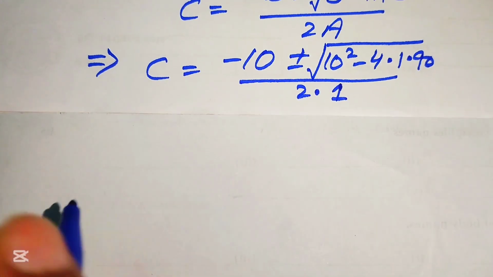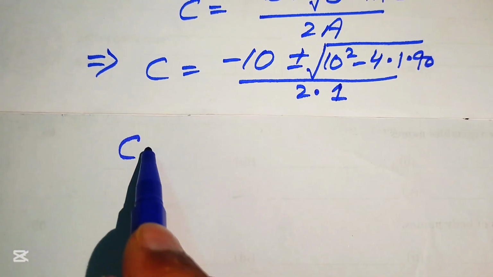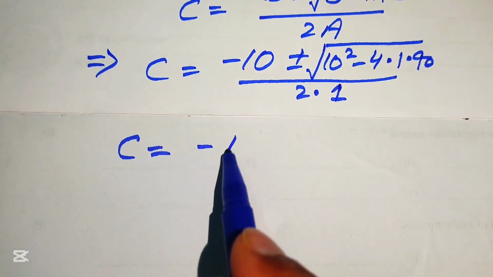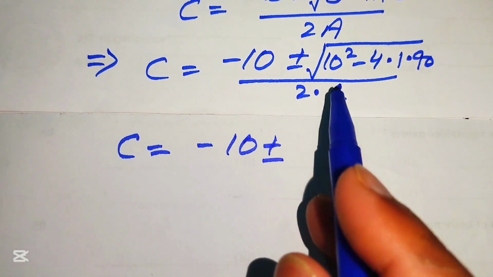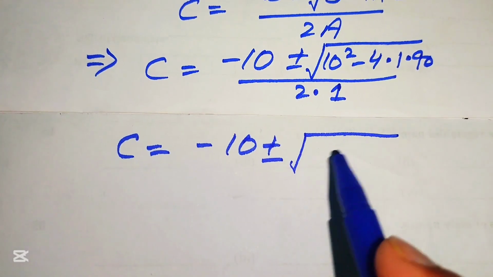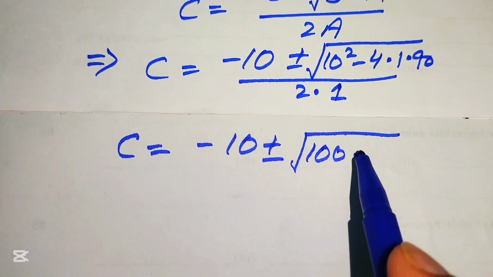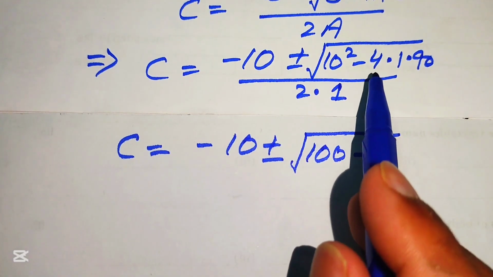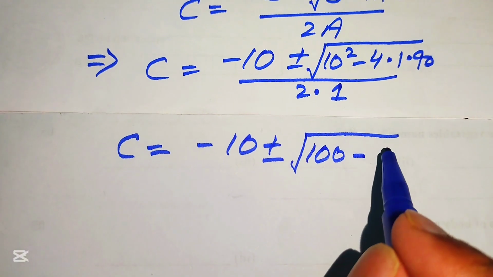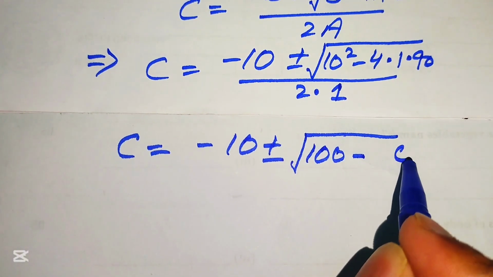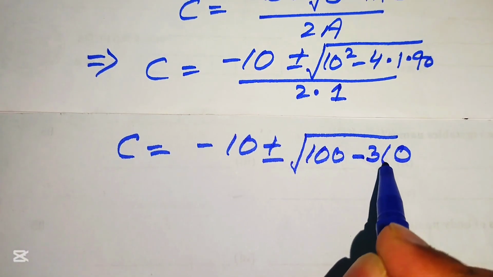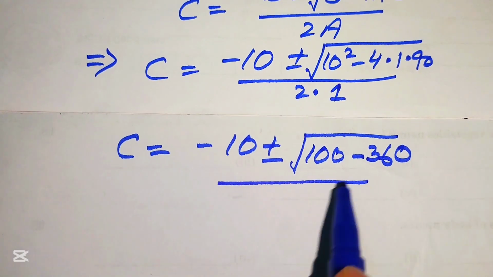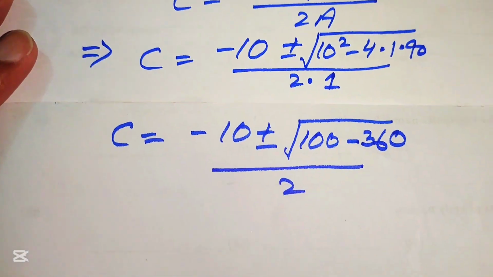Now in the next step we need more simplifications, and we rewrite this as -10 ± √(10² = 100 minus 4 times 90; 4 zeros are 0, 4 nines are 36, it becomes 360), divided by 2.